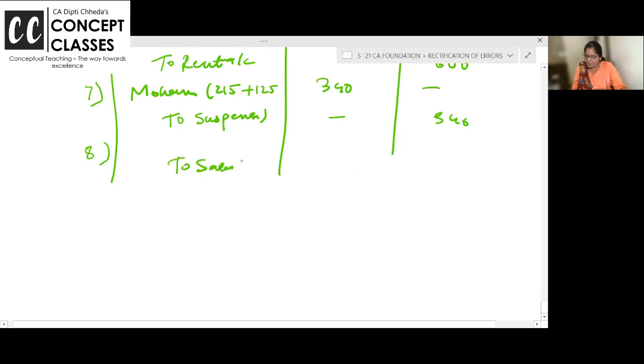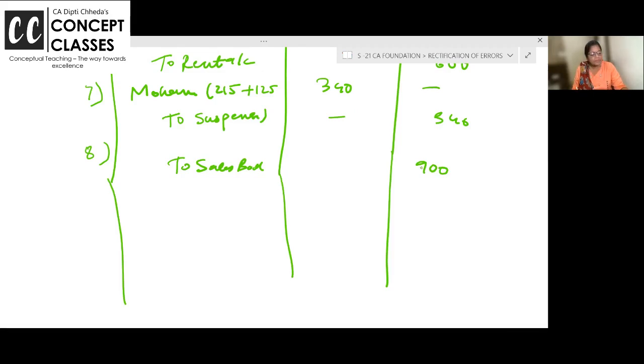So to sales book credit 900. Debit whom? Suspense account. Sales is a subsidiary book. The total is less by 900. Go and add it.